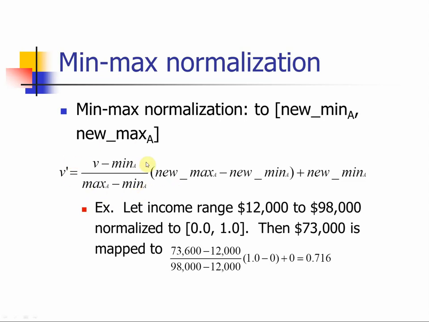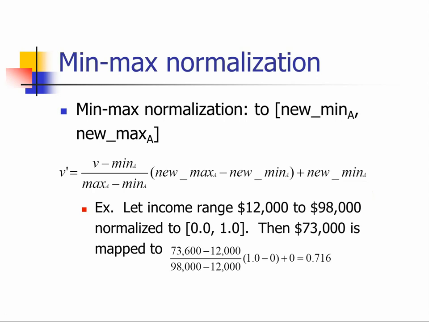In this simple case, you can normalize the values into between 0 and 1. If you want something other than 0 and 1, say 0 to 10, or 5 to 10, or 5 to 50, you can take the maximum and minimum values that you want to generate, and use the rest of the formula to help you achieve that.